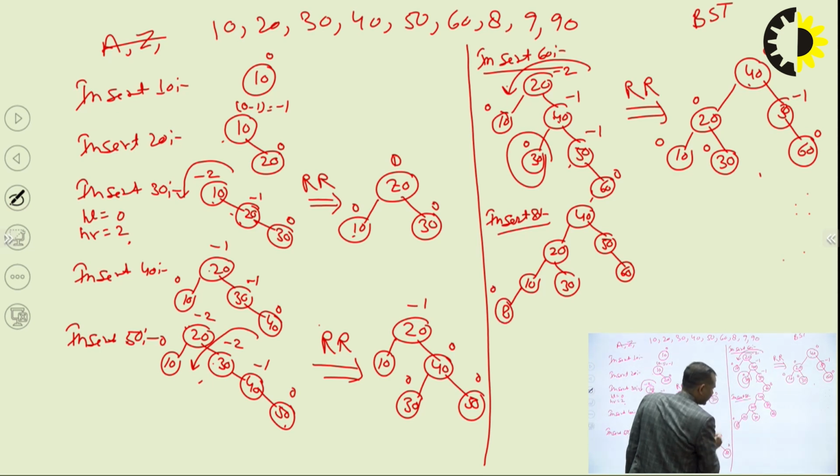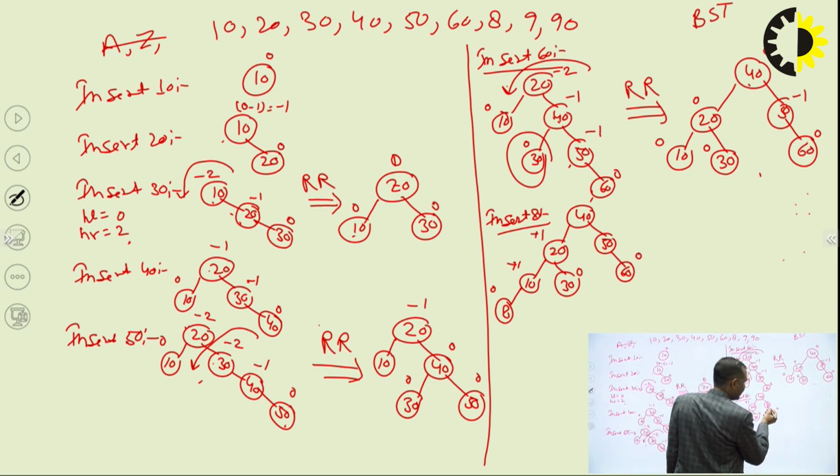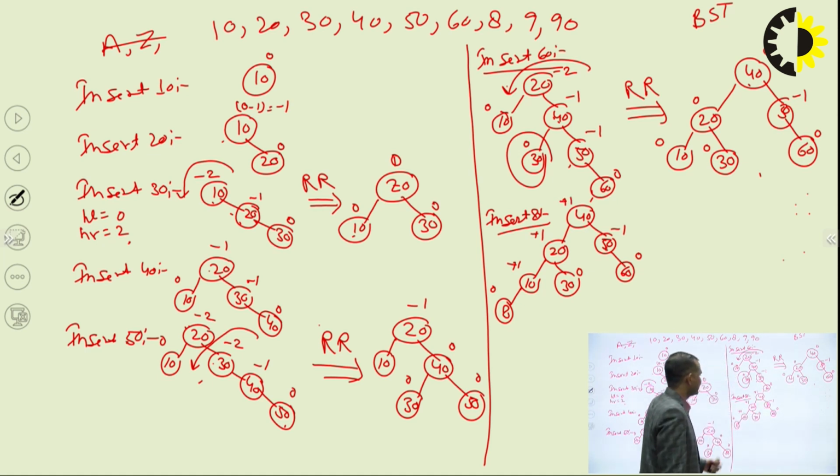Its balance factor is 0. 10's balance factor is +1. 30's is 0. 20's left height is 2 and right height is 1, that is +1. 60's is 0. 50's left height is 0 and right height is 1, that is -1. 40's left height is 3 and right height is 2, so 3 minus 2, that is +1. When we insert 8, these are the values.